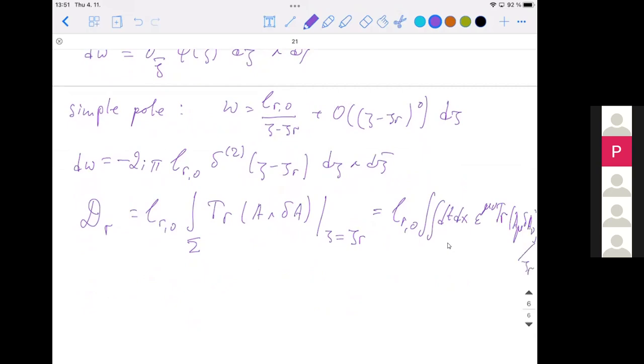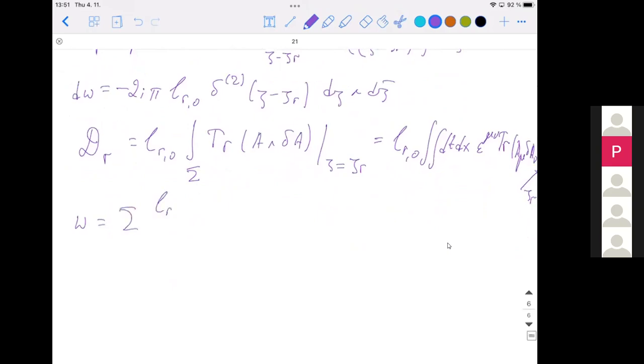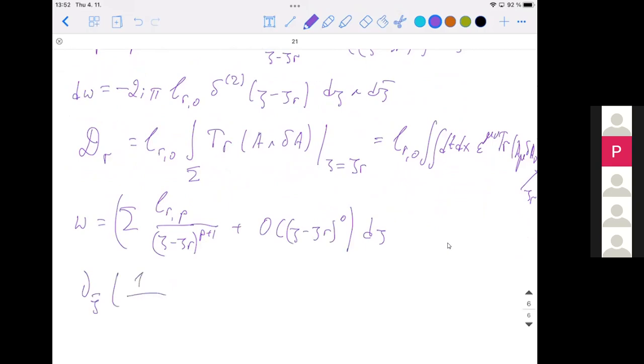Well, if you have higher order poles, then maybe let's just write it like this. And then yes, there is this relation on higher order poles, that if you have this, then you can have this relation.